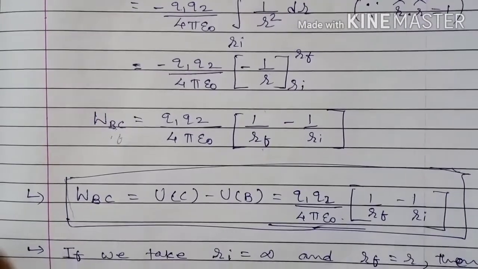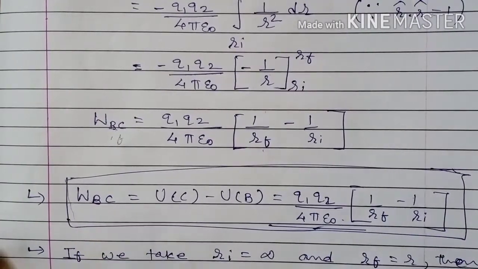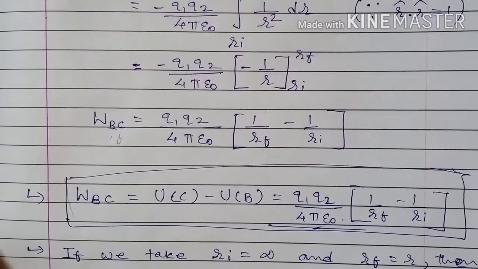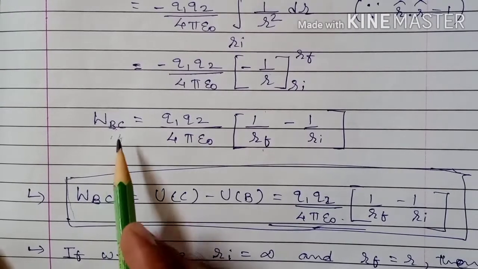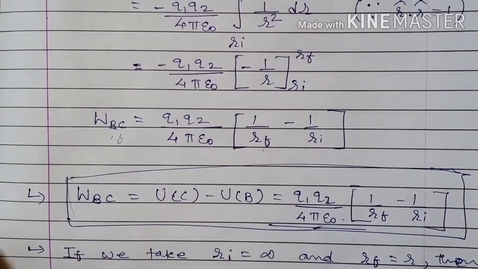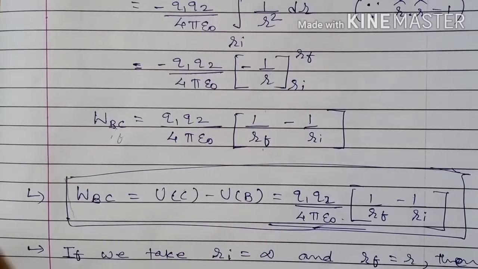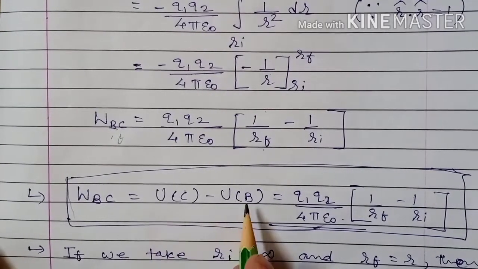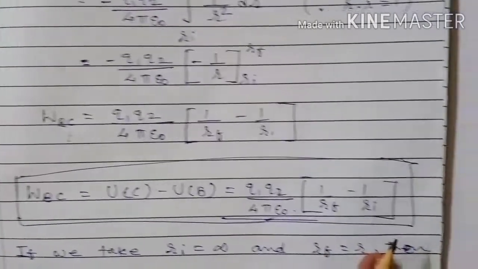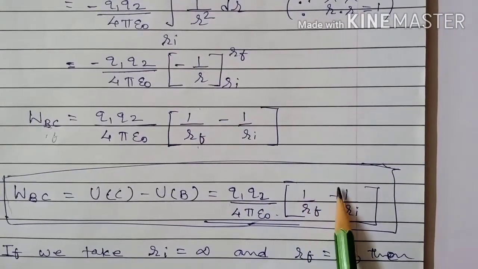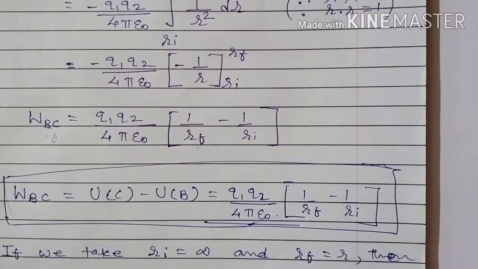So work done in moving charge Q2 from B to C is equal to change in potential energy. That is final potential energy minus initial potential energy. Final point, that is C, UC minus initial potential energy, that is potential energy at point B. UC minus UB is equal to Q1 Q2 upon 4 pi epsilon naught into 1 upon Rf minus 1 upon Ri.